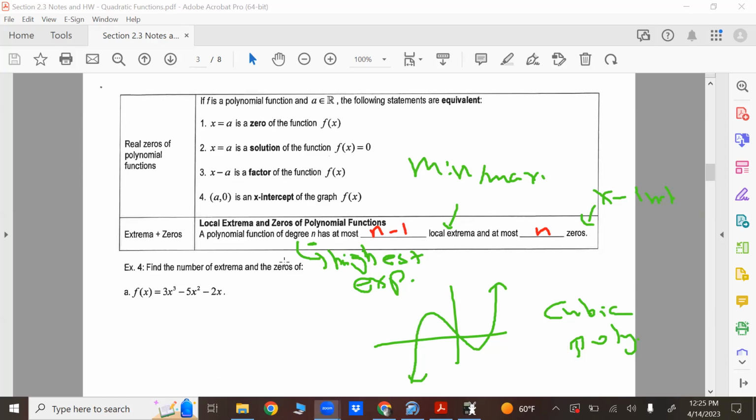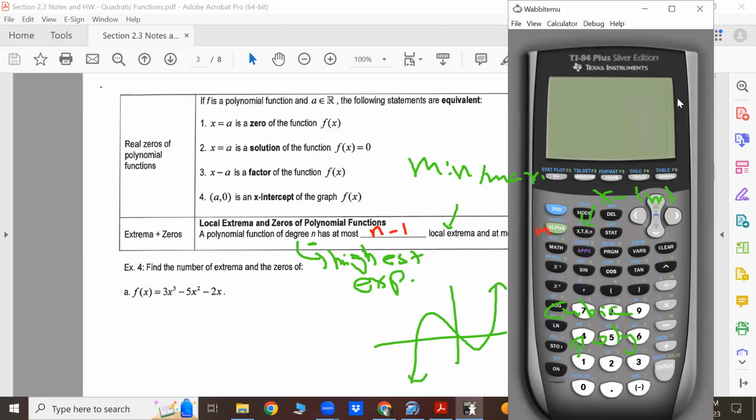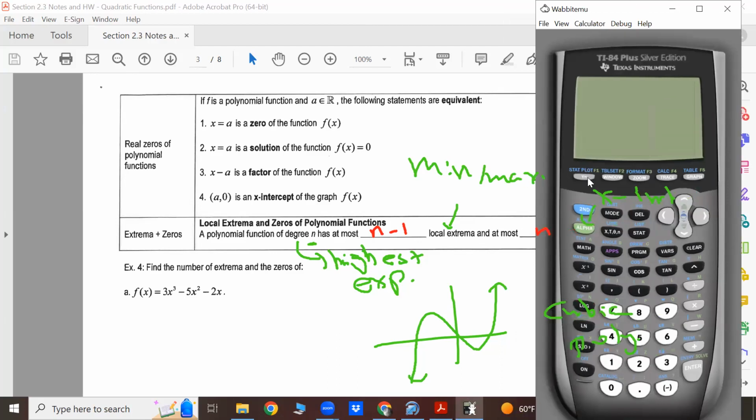Let me actually graph part A for you guys. So what if I had 3x raised to the third minus 5x squared minus 2x.